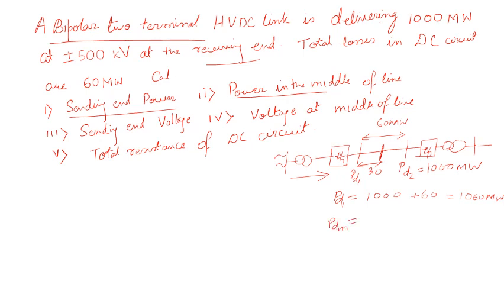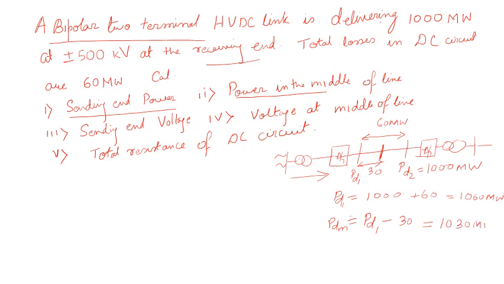PDM will be PD1 minus 30, or PDM minus 30 equals PD1 side, so you can put it 1030.